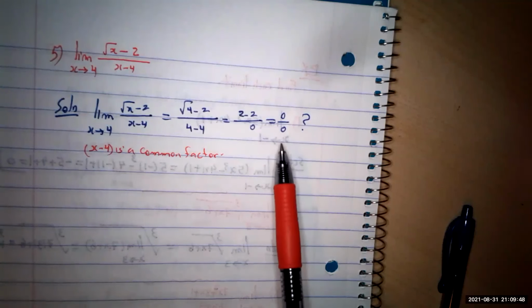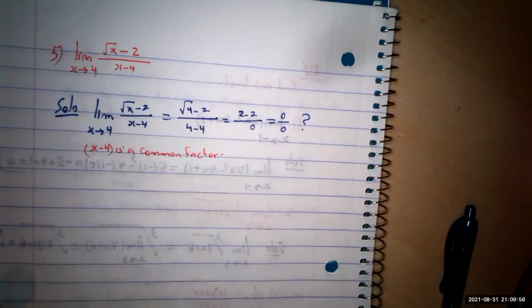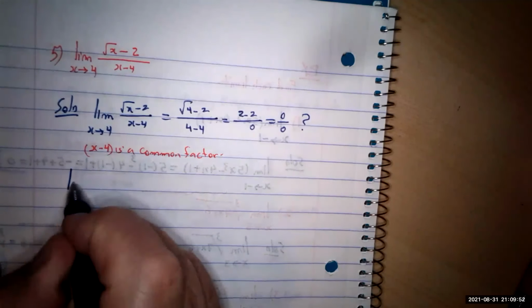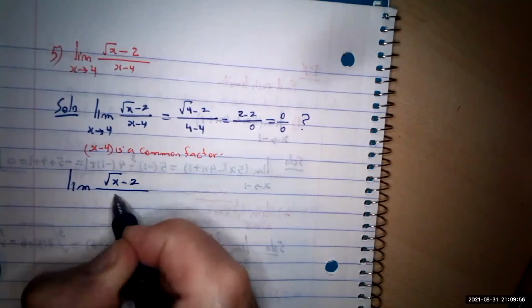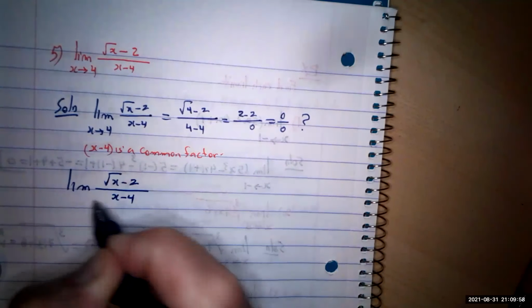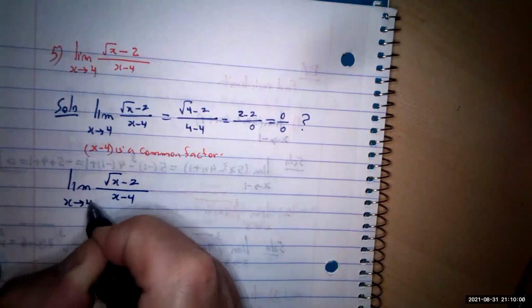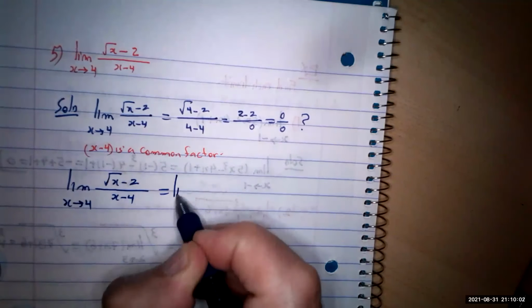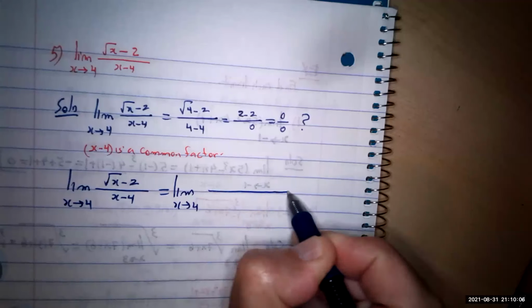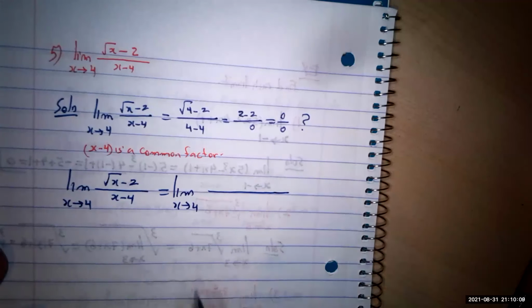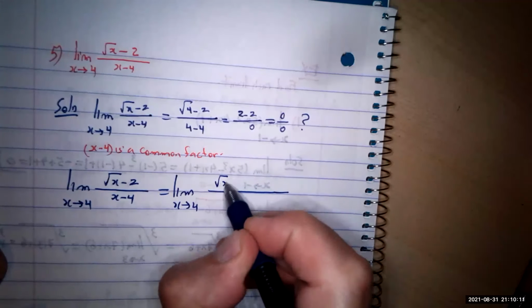Okay, we get the 0 over 0, so we start over. This is going to be the limit of radical x minus 2 over x minus 4, as x goes to 4. It is equal to the limit as x goes to 4, multiplying the top and the bottom by the conjugate of the top. This is the top, radical x minus 2.